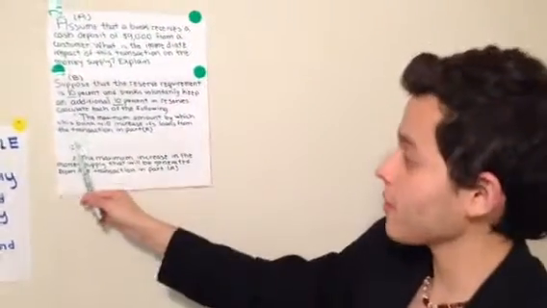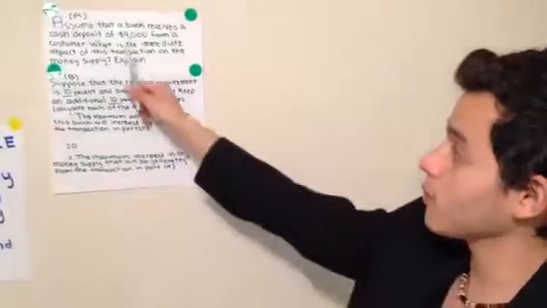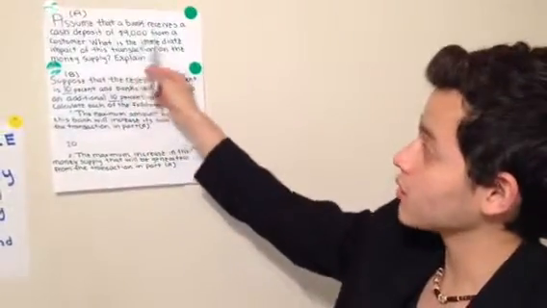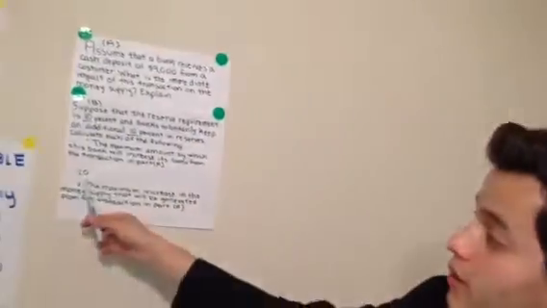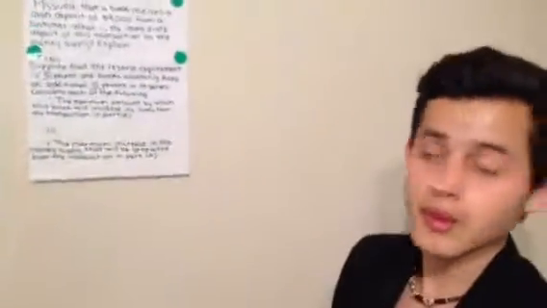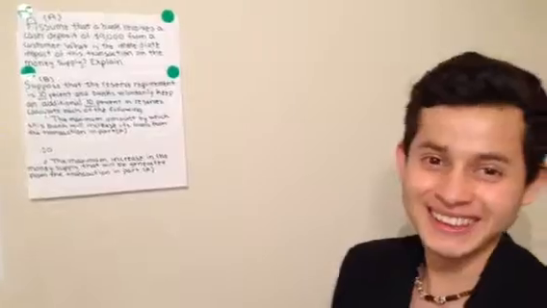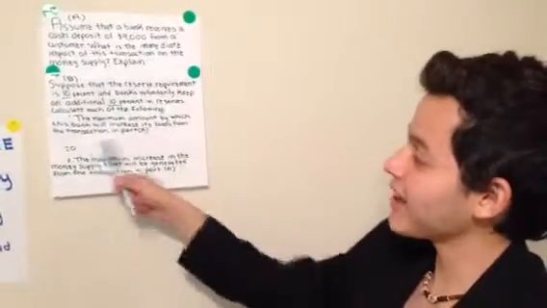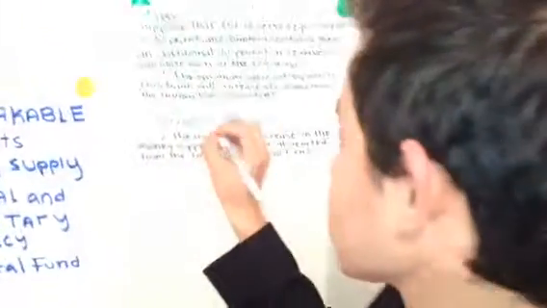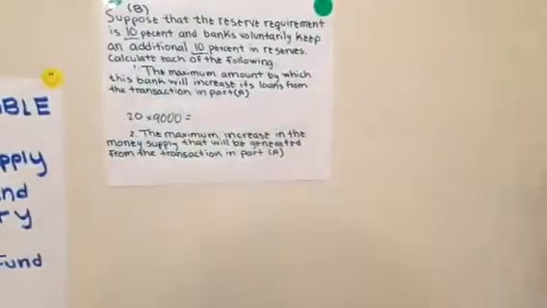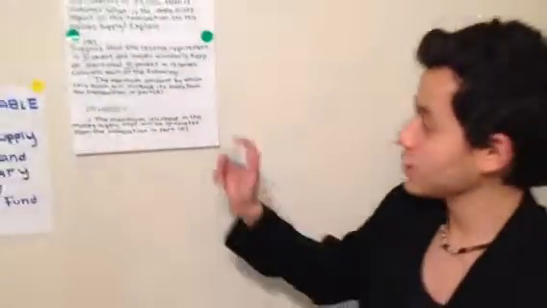We get this 20%, and we go back to part A to see how much was deposited. So it's 9,000, my bad. So we multiply 9,000 times 20%, and that will give us 1,800.